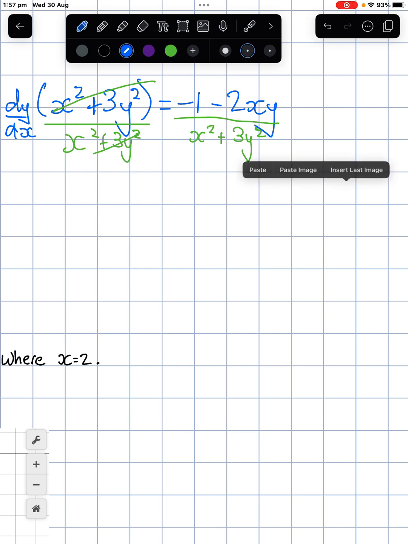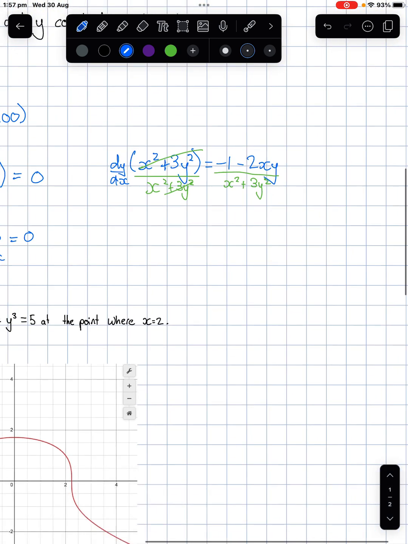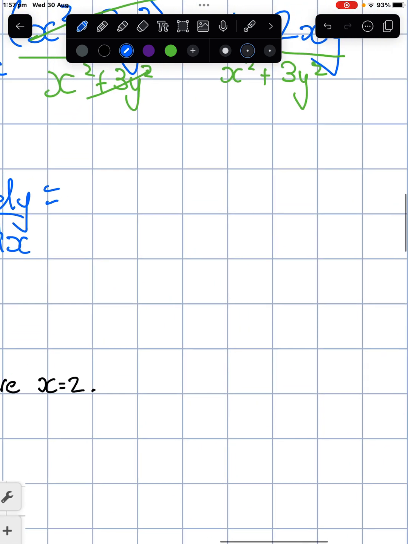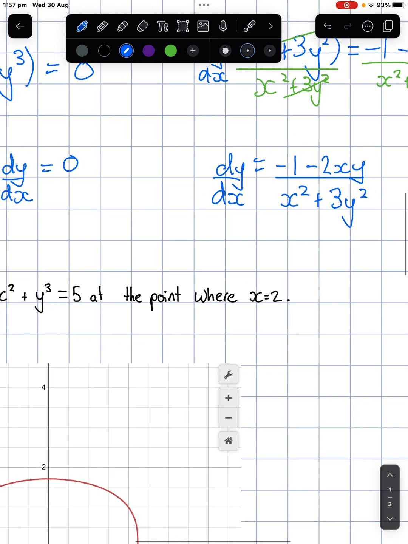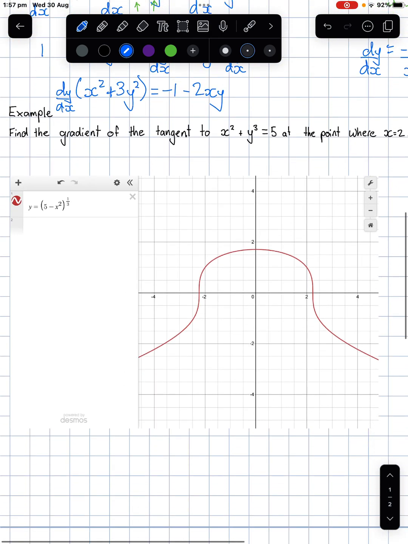So we've now got, on our final answer here, dy dx equals -1 take 2xy all over x squared plus 3y squared. All right, so we've done that one.